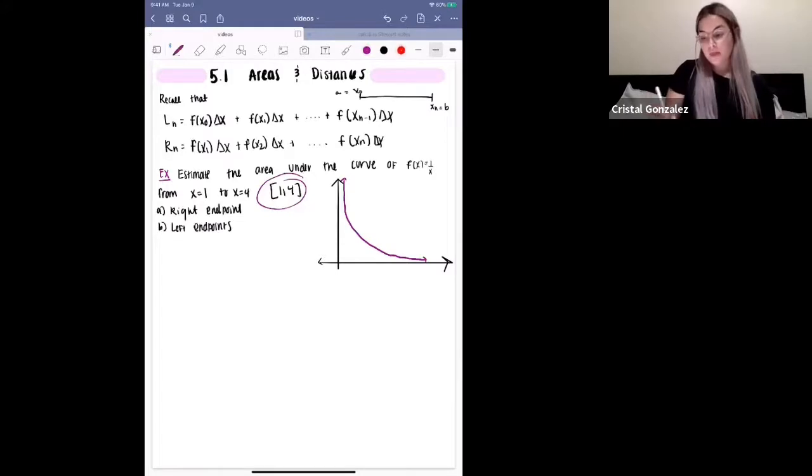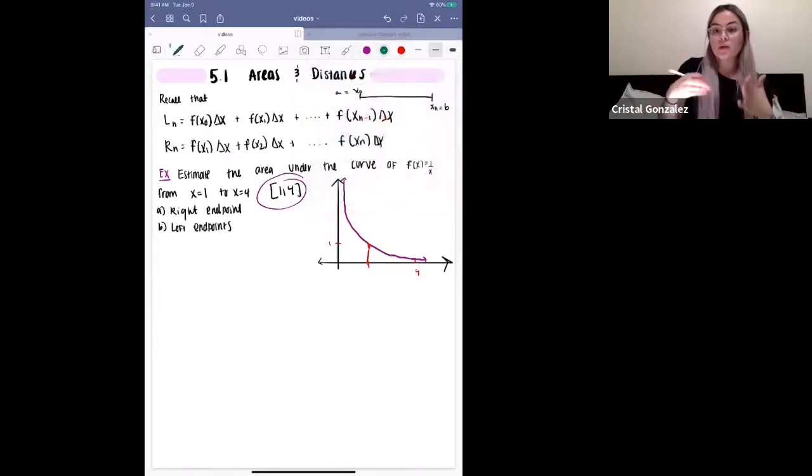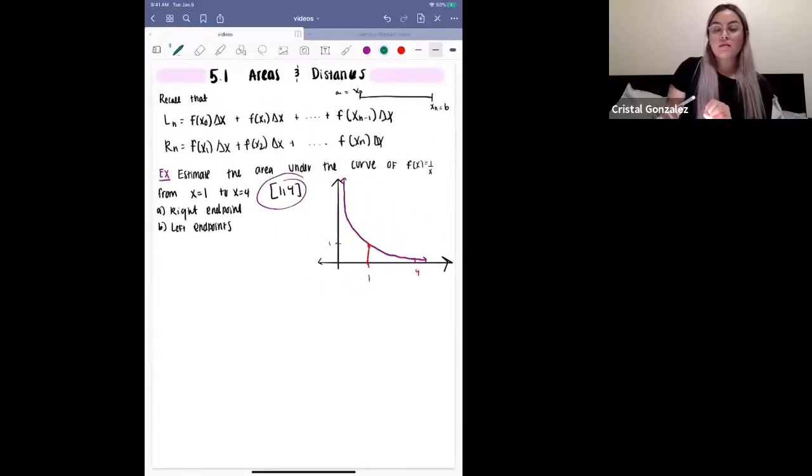And remember that we are at the point (1, 1) here. Okay, let's just say it's right there. And then let's say x equals 4 is over here. If we're doing our intervals, we're eventually going to want to partition our interval from 1 to 4 into, oh, I didn't give you an n.